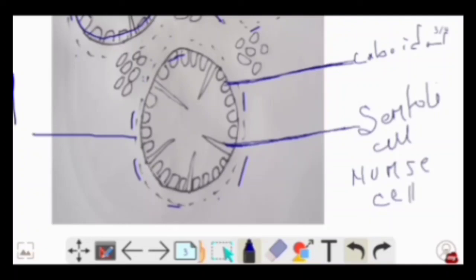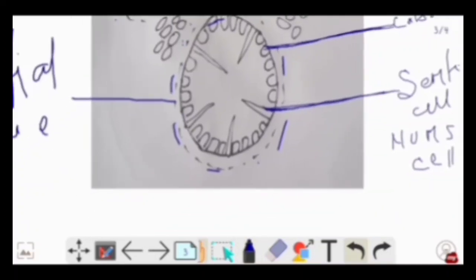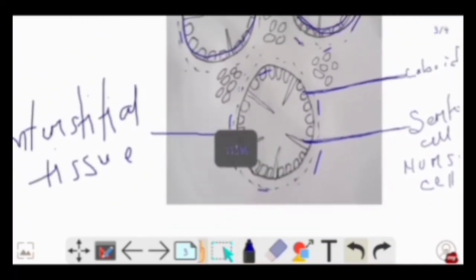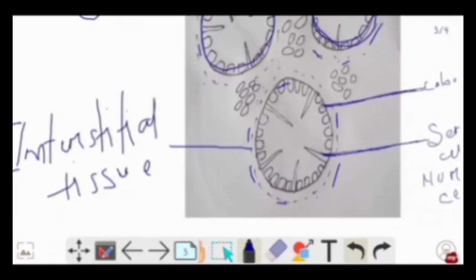In this interstitial connective tissue, there are some cell masses which are identified as interstitial cells because of the tissue in which they are found.